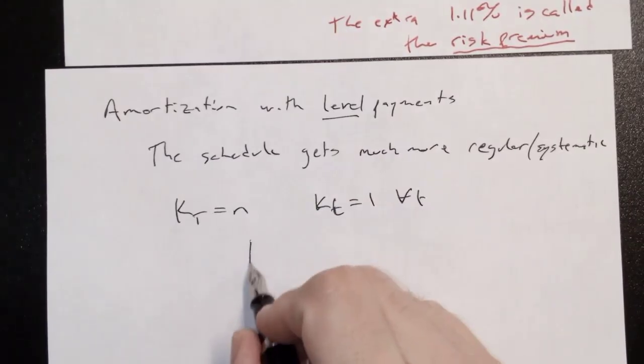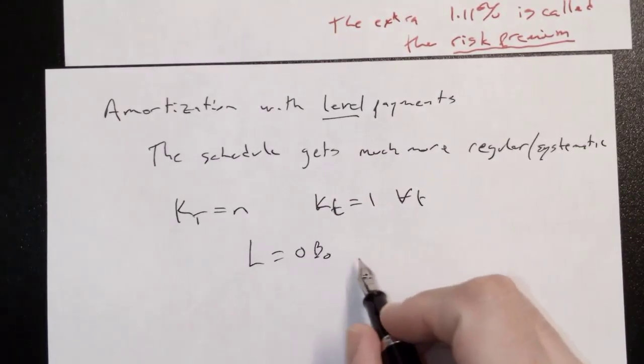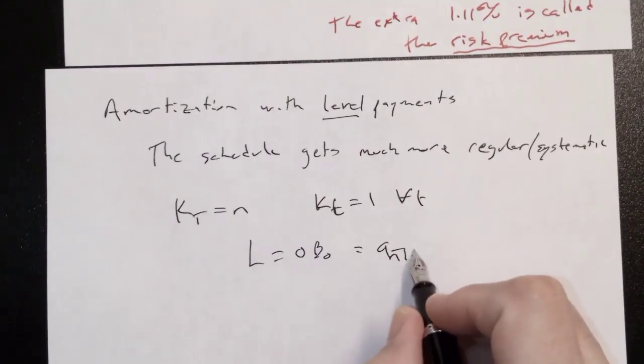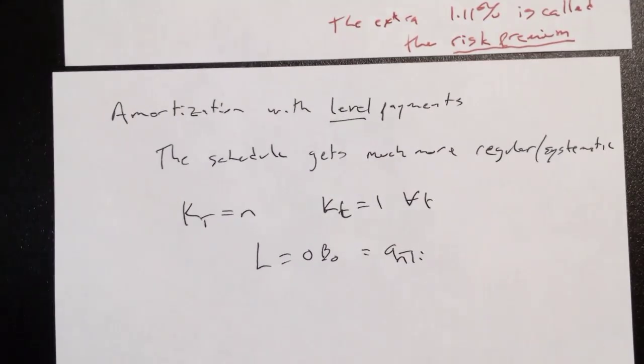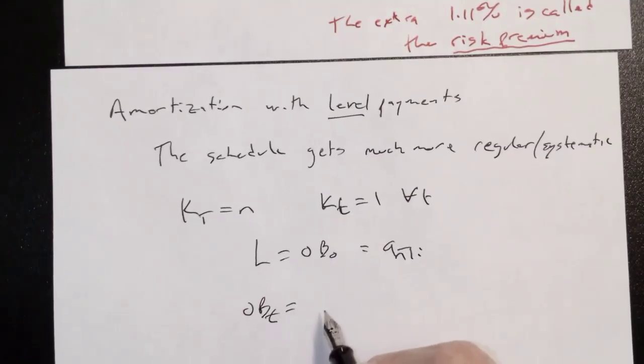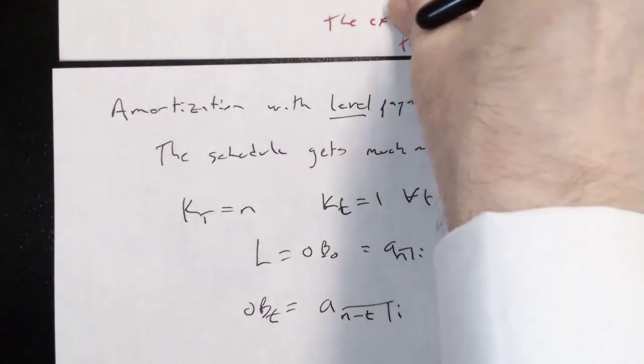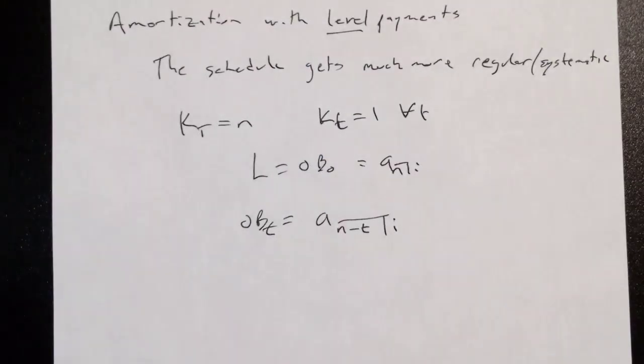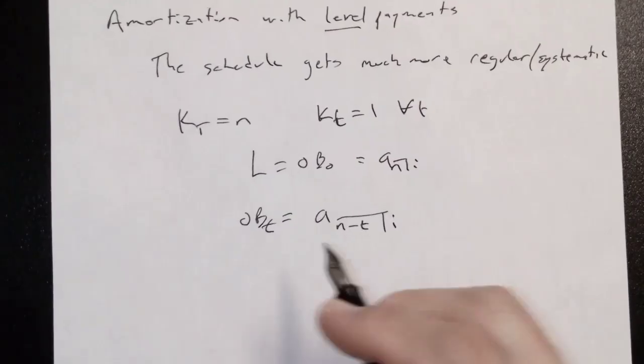The loan amount, which is OB_0, is A_n at i. OB_t is A_(n-t) at i. Literally, I don't have to use anything crazy. Prospective and retrospective form become identical.